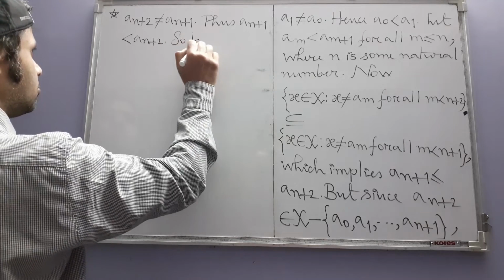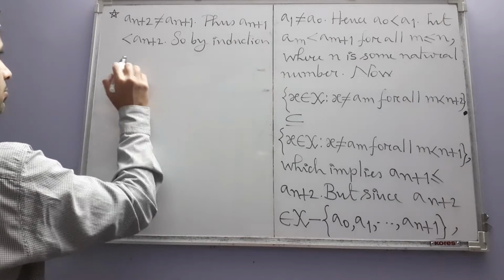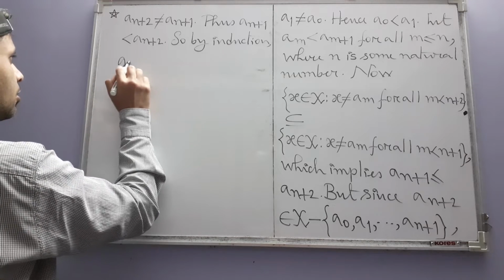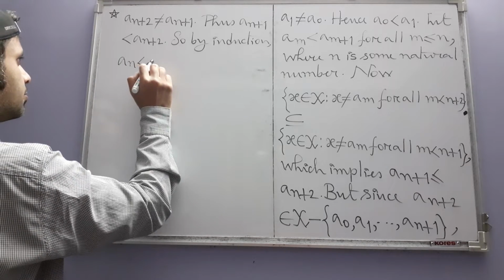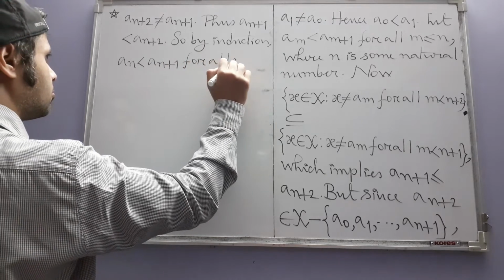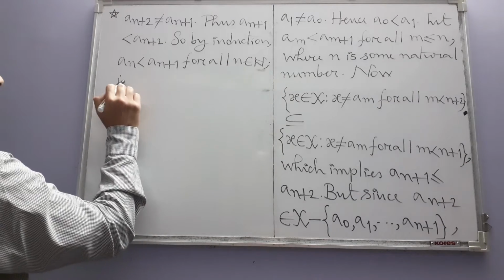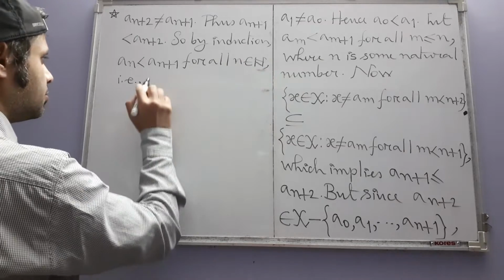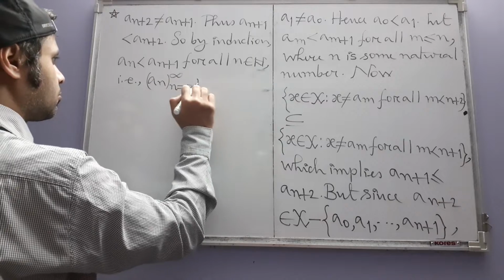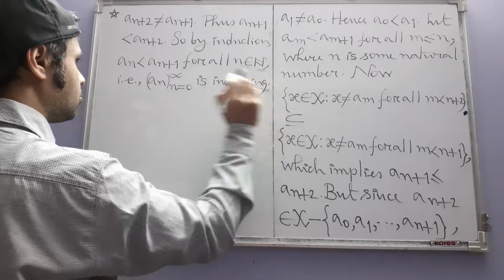So, by induction, a_n is less than a_{n+1} for all natural numbers n, i.e. this is increasing.